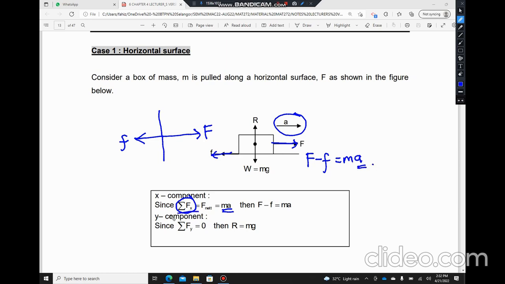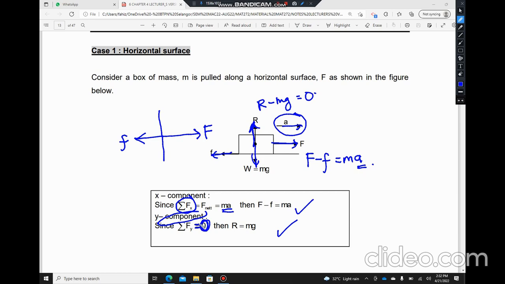Okay, for the Y component, the sum of the Y component is 0, because up and down there is no acceleration. The acceleration is just horizontal. So upward R, downward W or mg. So R minus mg equals 0. So you have two equations, for Fx and Fy.